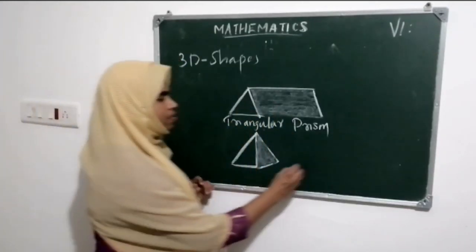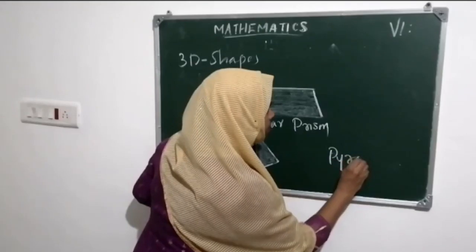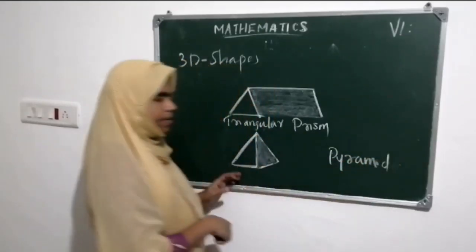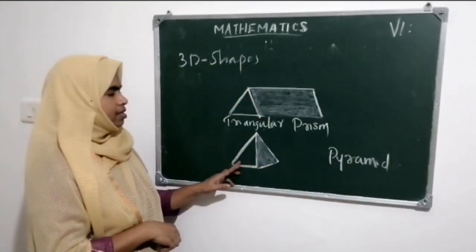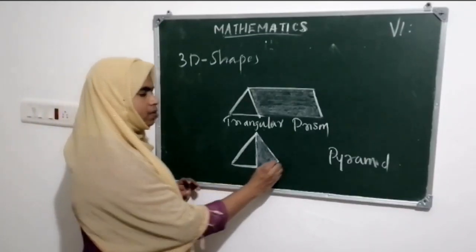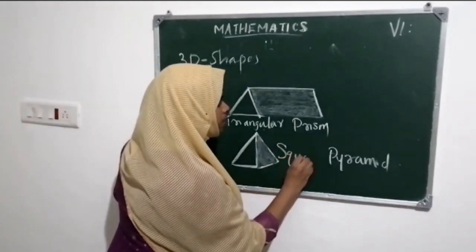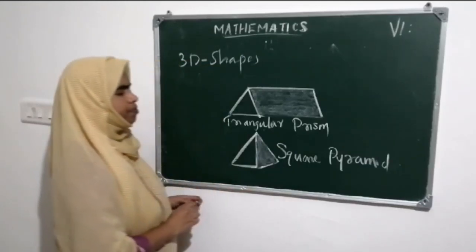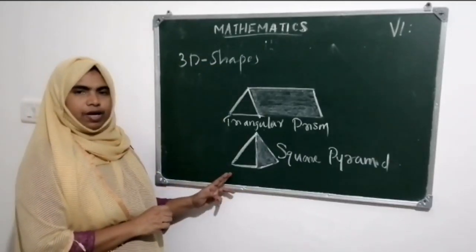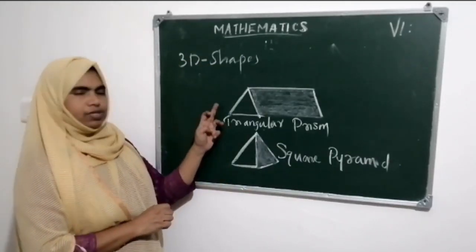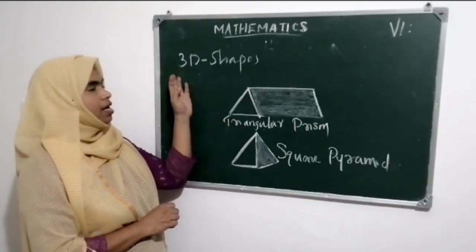Then this is called a pyramid. That is, the base is a square. So, a square pyramid. This is called a square pyramid. This is a triangular prism. These are 3D shapes.